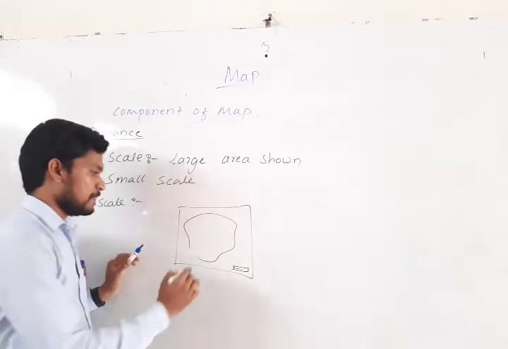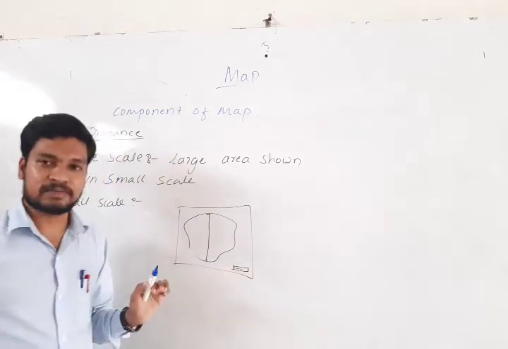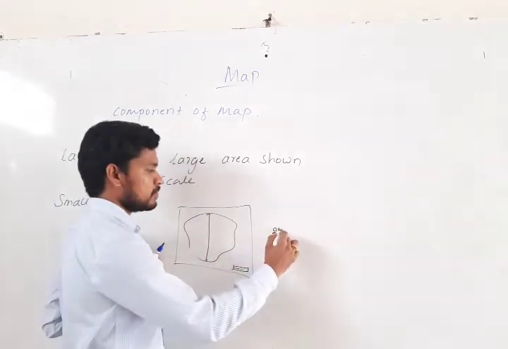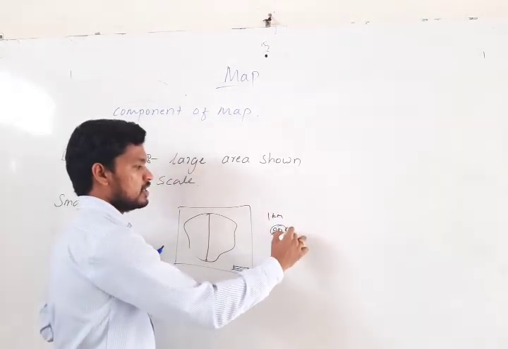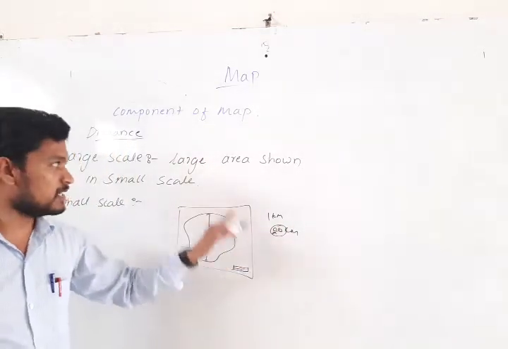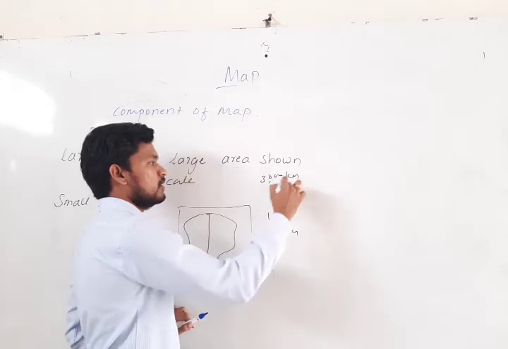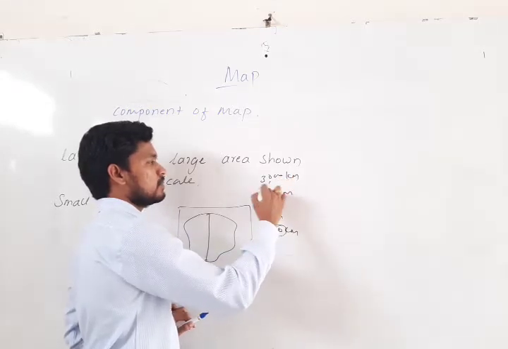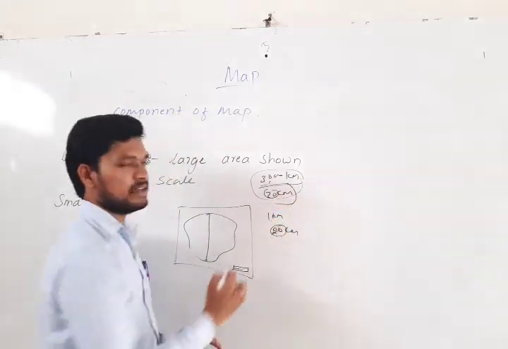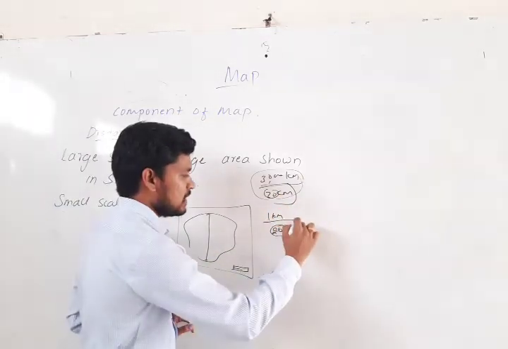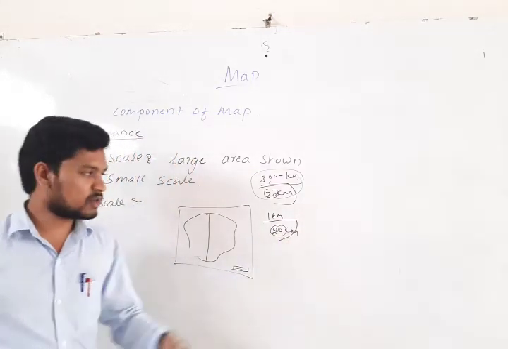That means suppose it's a length of 1 kilometer, it's shown in 20 centimeters. 1 kilometer is reduced to 20 centimeters. But in the large scale, 3000 kilometers are reduced to only 20 centimeters. That means large area reduced to small area. In comparison with that, the small area is shown on a larger scale. It's called as small scale.